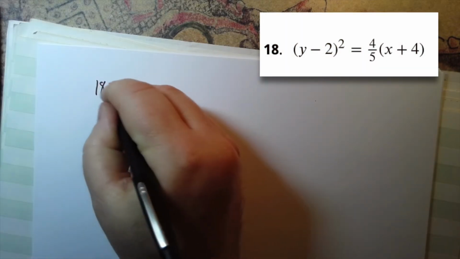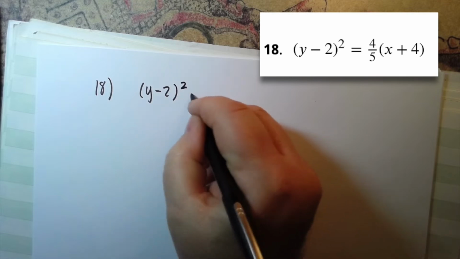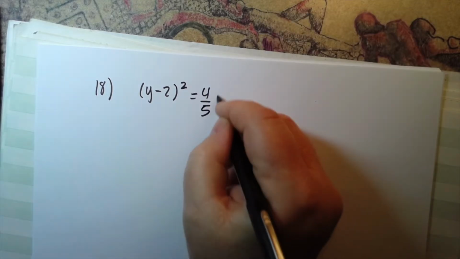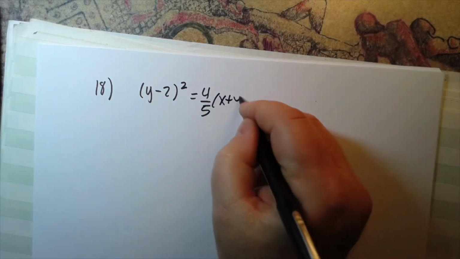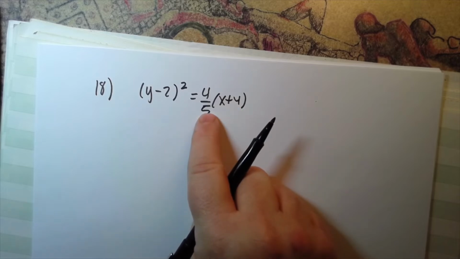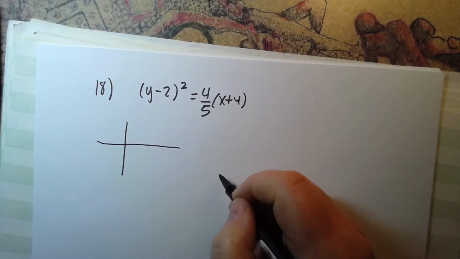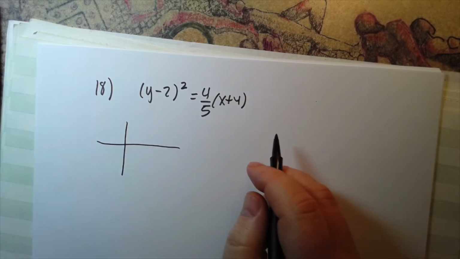So let's do 18. 18 is y minus 2 squared is equal to 4/5 times x plus 4. Now since the x is the one that's not being squared, that means we're opening up in the x direction. Because this is positive, we know that we're opening up to the right, in the positive direction.